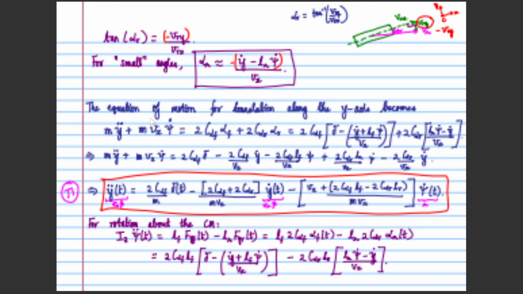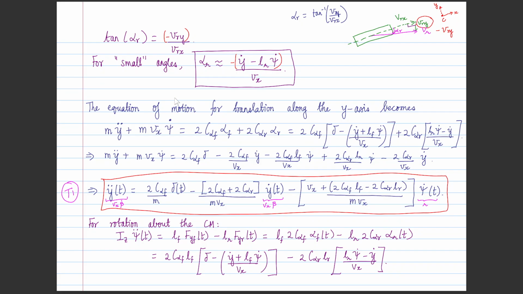Now we can come back to the dynamical equations. The equation of motion for translation along the y-axis becomes something like this. So m into y double dot plus m into vx psi dot, that is mass into the acceleration term in the y direction, equals the lateral force generated by the tires, that is 2 into C alpha f plus 2 into C alpha r. So we are using the tire model F equals C alpha into alpha.